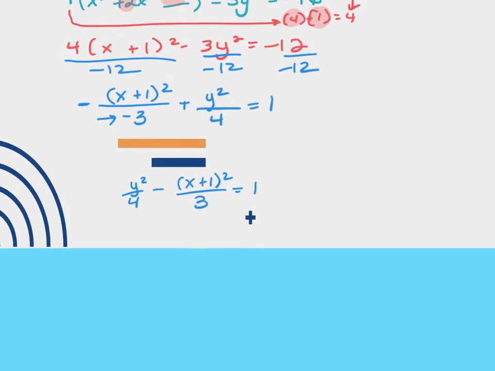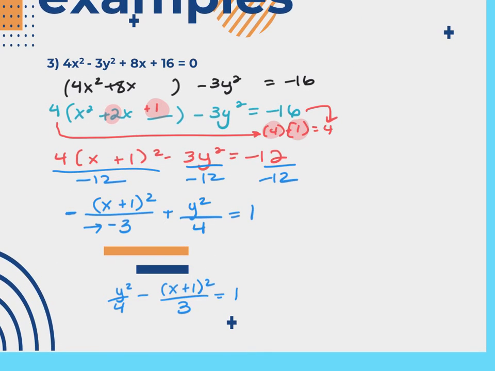Could you go back up first? So you want to wait until it's equal to 1 to determine, usually you could tell if it's a hyperbola or an ellipse from the beginning, but you want to wait until it's equal to 1 to determine if it's horizontal, if it's vertical, that kind of stuff. So here's my standard form.